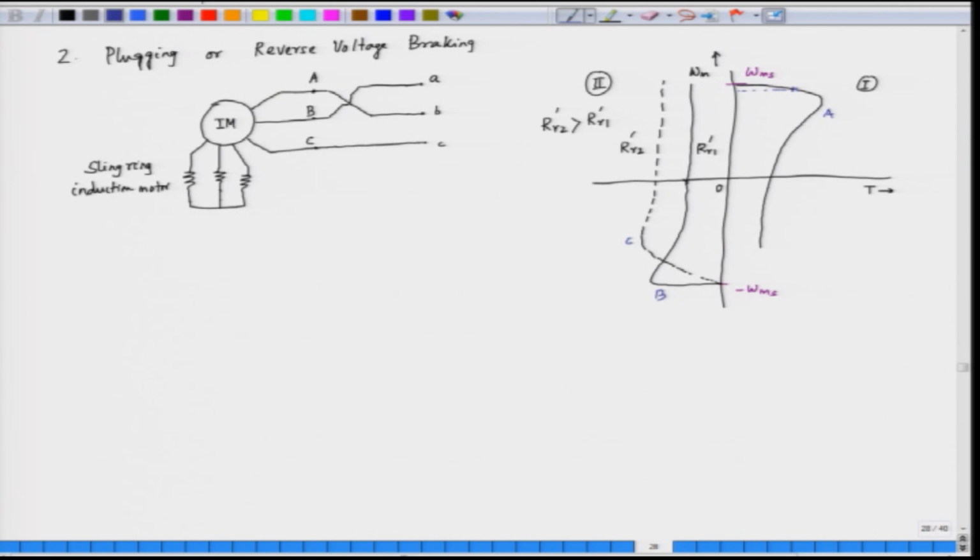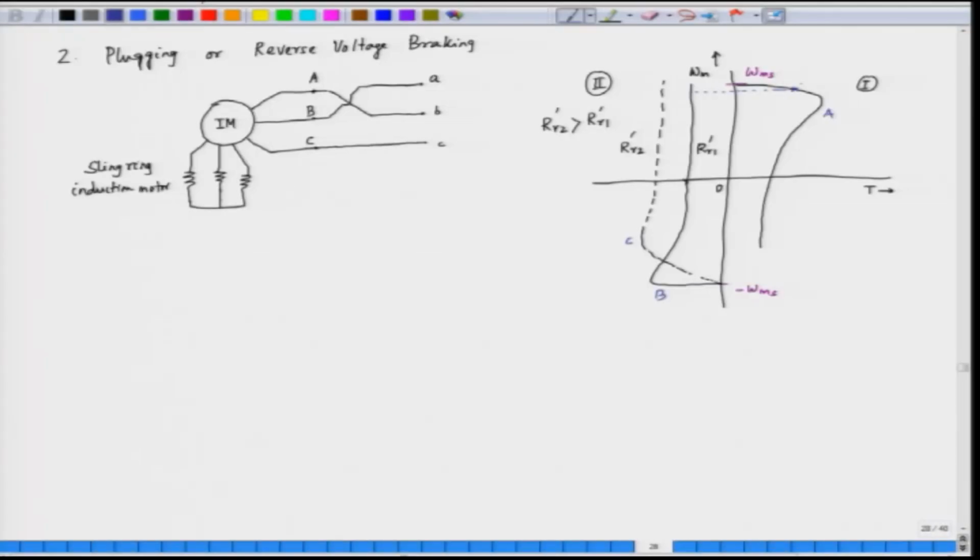The motor will change from characteristic A to, let us say, characteristic B. The speed being a mechanical variable cannot change immediately when we change the connection. So, with the speed remaining constant, the torque will immediately become negative. The operating point of the motor will change from 1 to 2, and then the torque is negative.